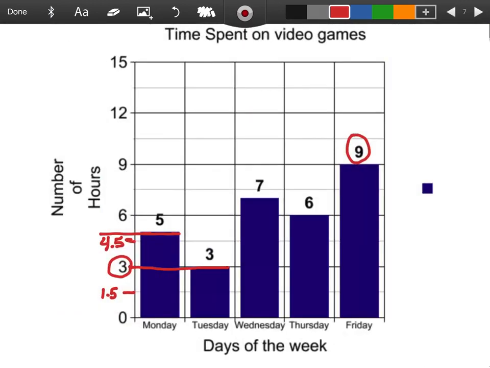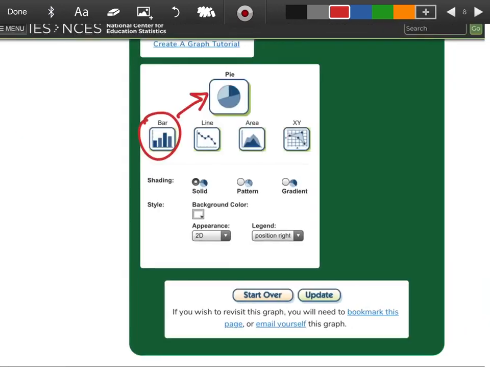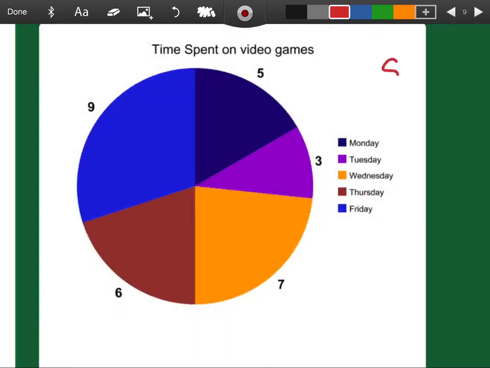You are going to screenshot this piece. So you must screenshot this. Okay. And you are going to submit the screenshot of your bar graph and then change to your pie graph. And you are going to screenshot this as well. Okay. So you are going to screenshot both of these pages and submit them both.